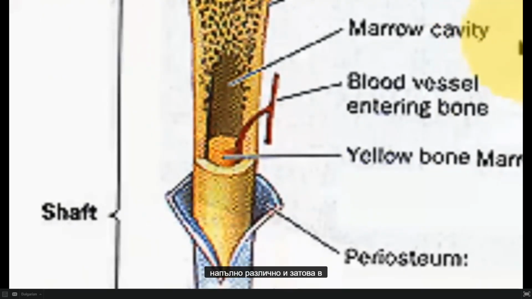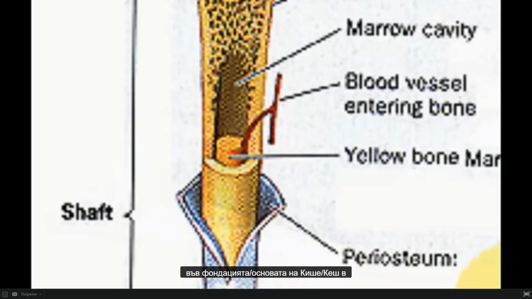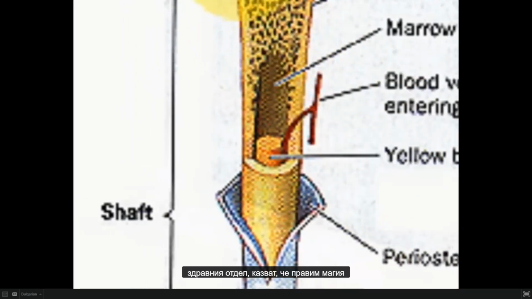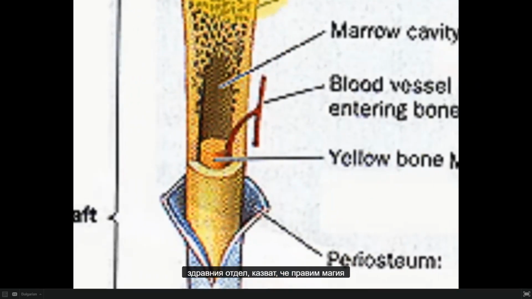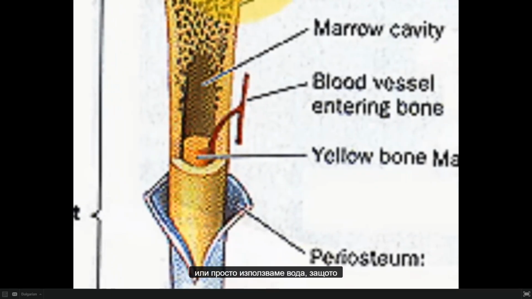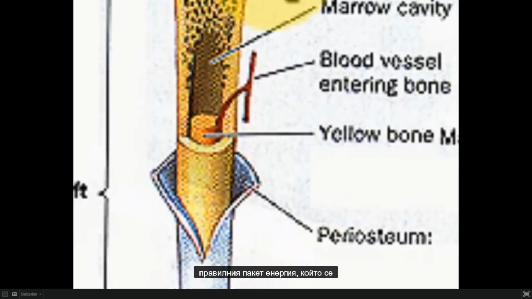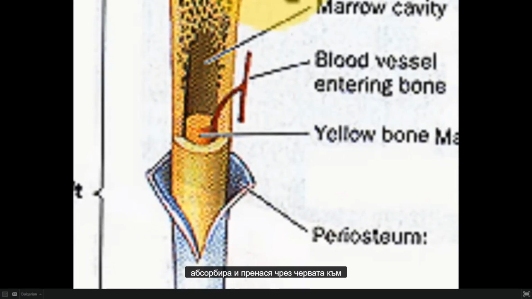And this is why in the Keshe Foundation, on the health side, they tell us we do magic, so we just use water. Because if you can send the right energy package which is getting absorbed and transferred through the intestine to the lymph to go through the bone marrow, you control the boss, you control the base, you control the intestine.